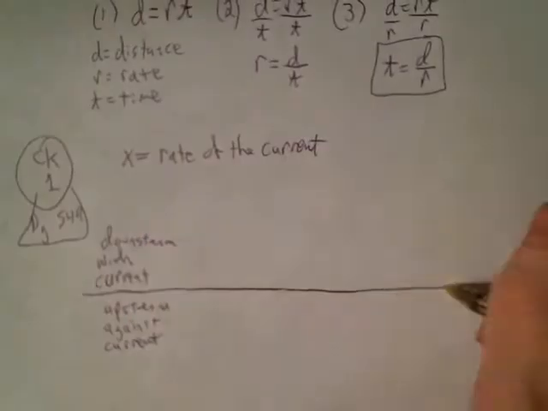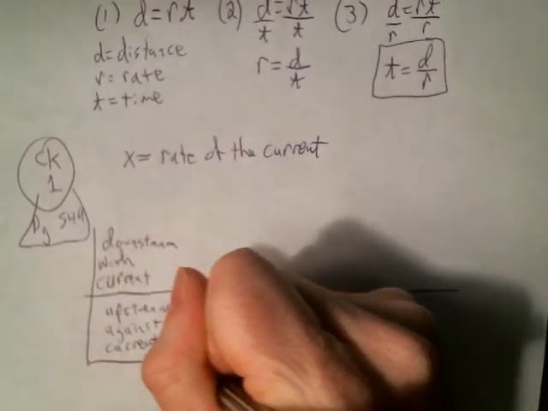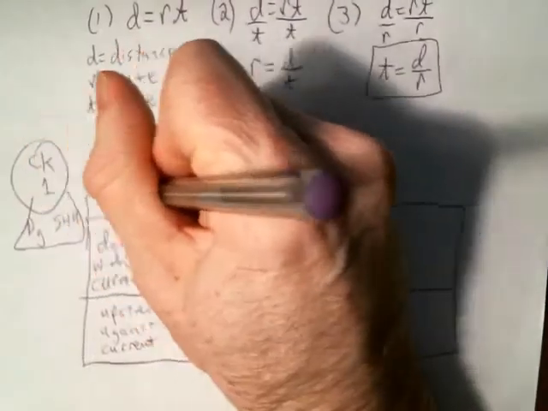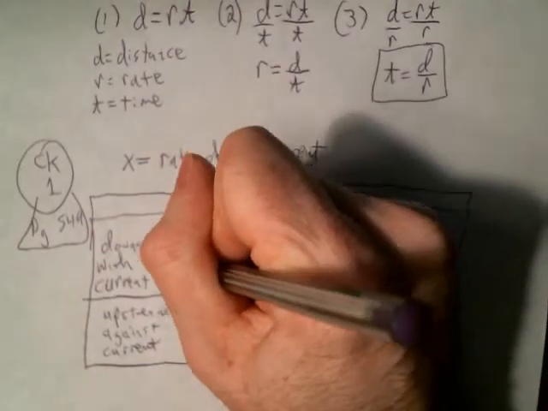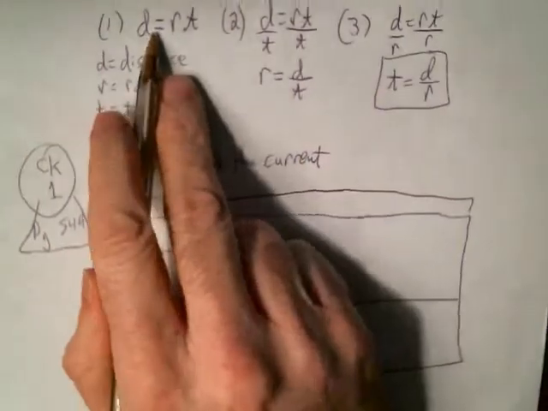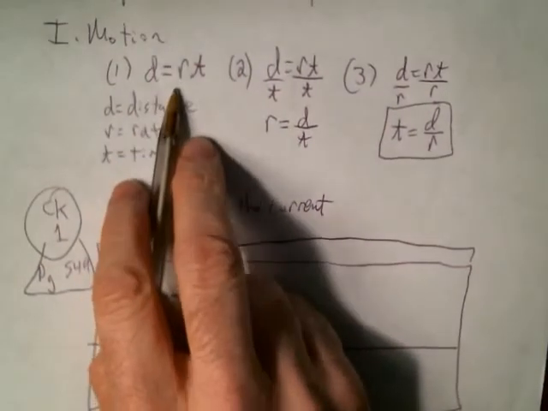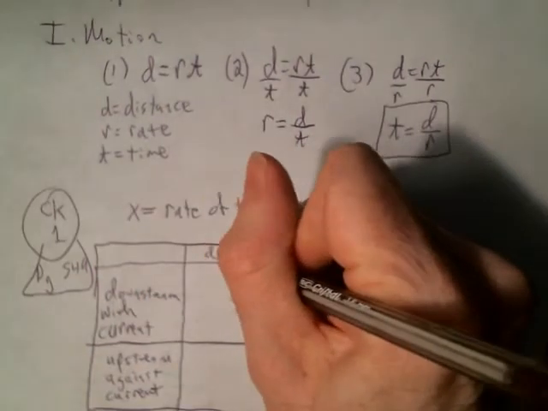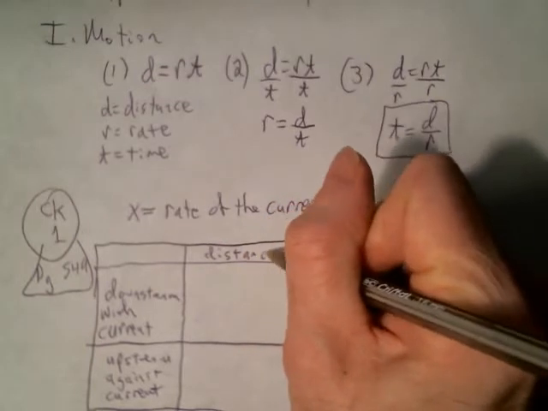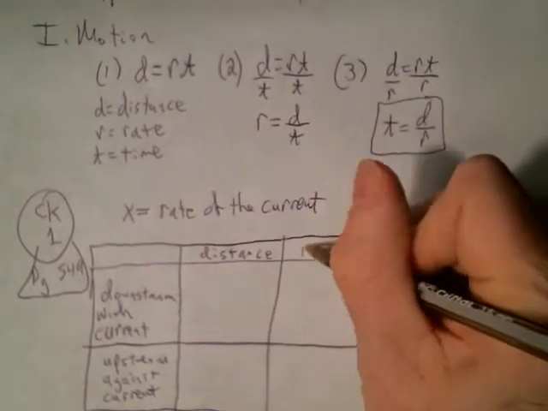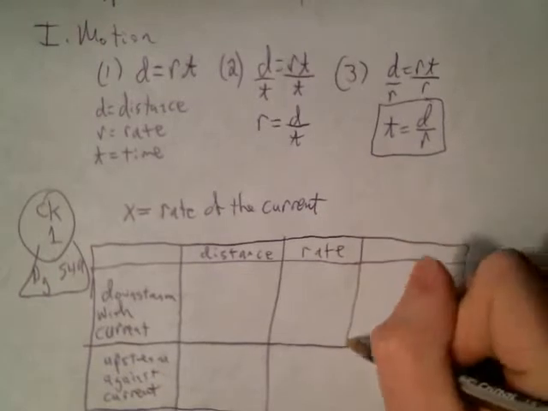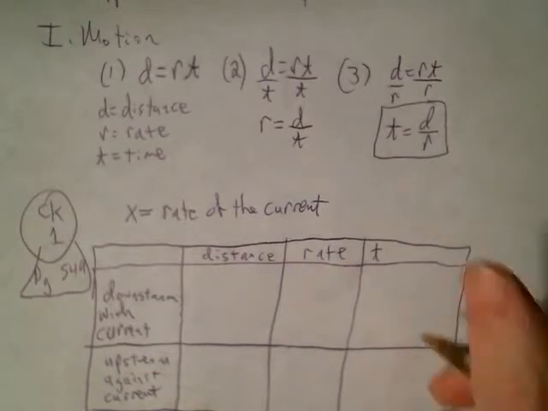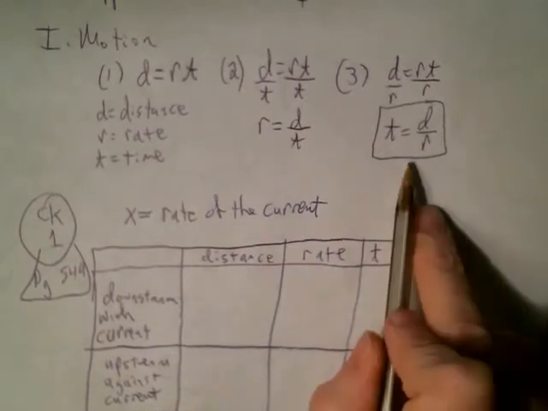We're going to make a chart here, and across the top of the chart, we're going to put distance, rate, and time. We set it up just like the equation: distance, rate, and then for time, we're going to fill in these blanks using this formula.